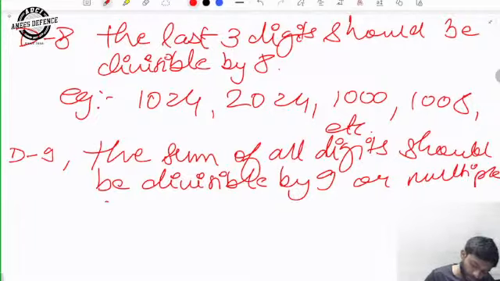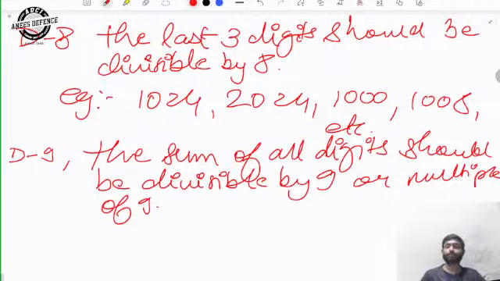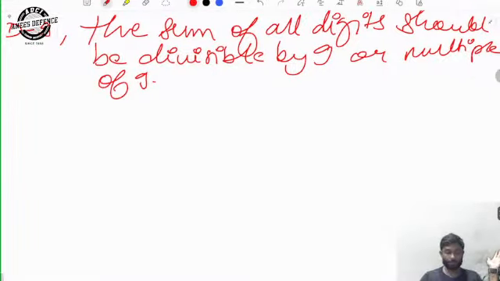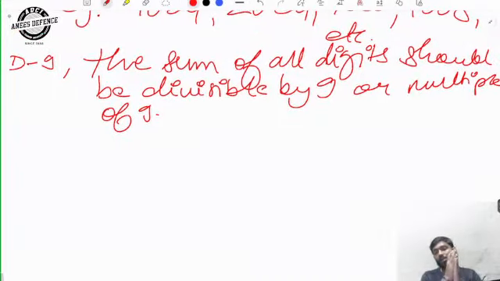Exactly the same as the divisibility test of 3, but instead of being divisible by 3, here it is 9.